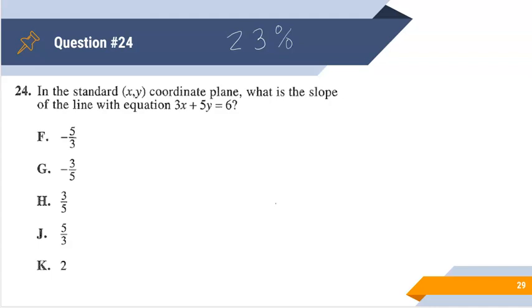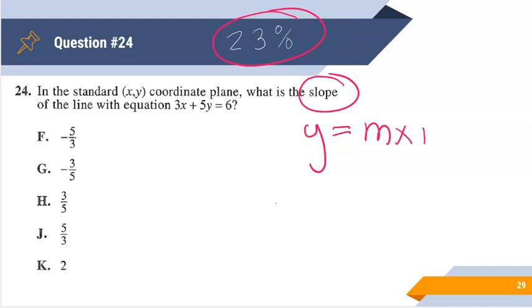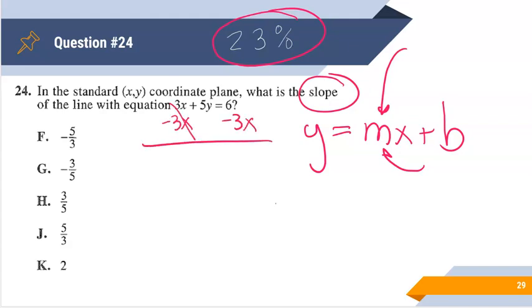Okay, number 24, we're trying to find the slope. Again, only 23% of people got this. We should remember that slope is defined as y equals mx plus b, where slope is the m value. So if I were to subtract 3x from both sides, it's a negative 3x, and this is a positive 6.